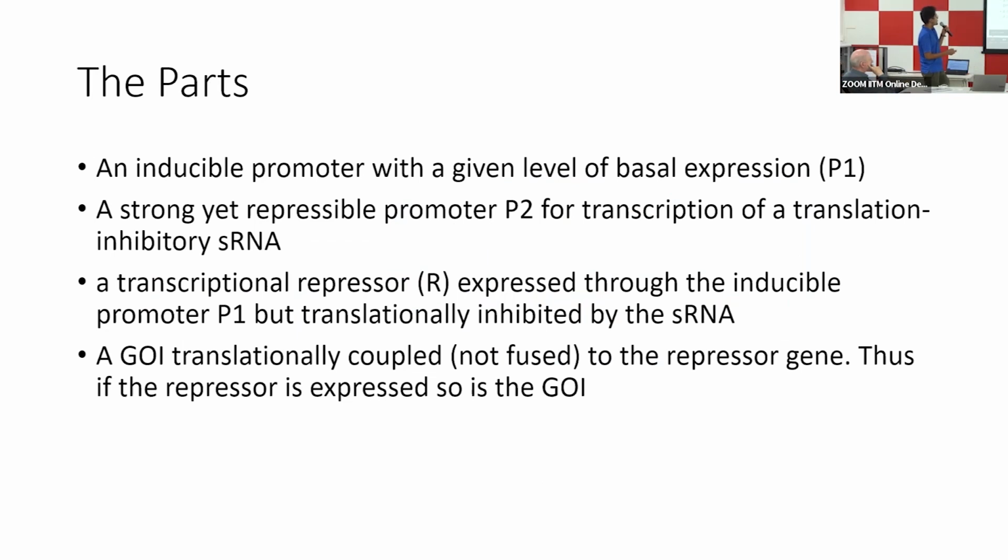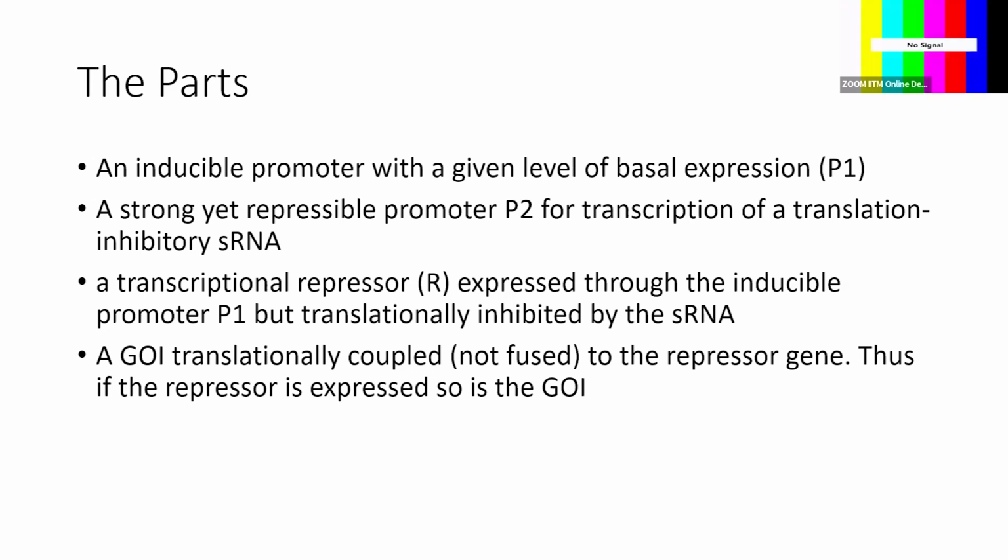The transcriptional repressor that will be expressed through the inducible promoter sequence will be translationally inhibited by the sRNA, however. So the way it will work effectively is that if the sRNA is being produced, it will stop the translation of the repressor sequence and hence also the gene of interest, which is what we will call the off state.